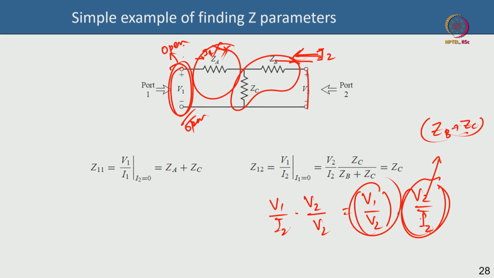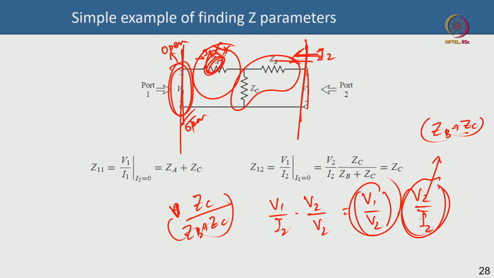It is the voltage here by the voltage there, which divides by the ratio of ZC by ZB plus ZC, because there is no current flowing here, so there is no voltage dropping on ZA. So, essentially you are dividing ZC by the total of ZB plus ZC. If you multiply them together you get ZC. So, Z12 is ZC. Similarly you can find Z21, Z22 etc. So, this is how you find Z parameter, just to give you an example.